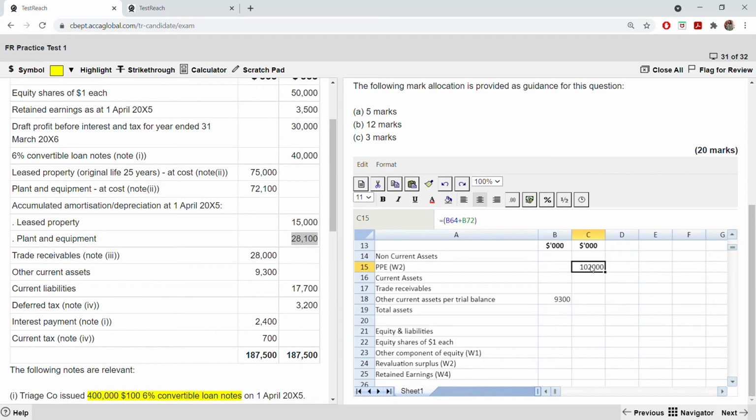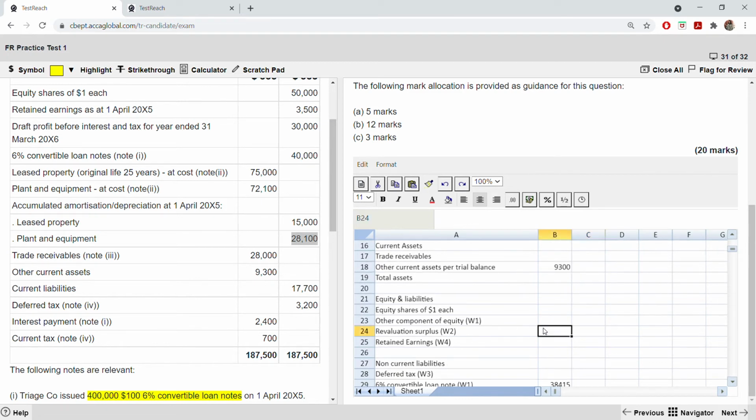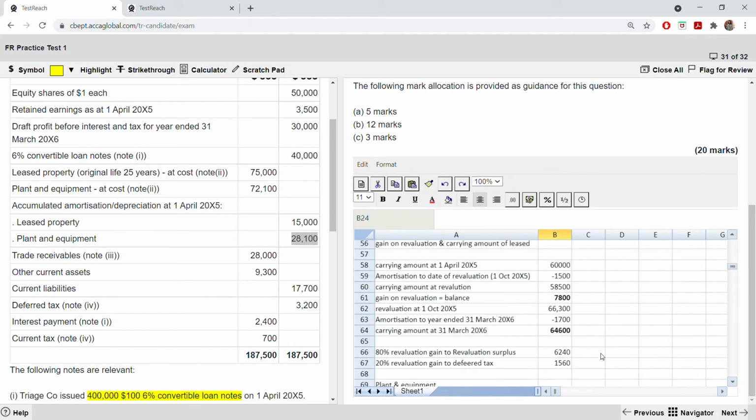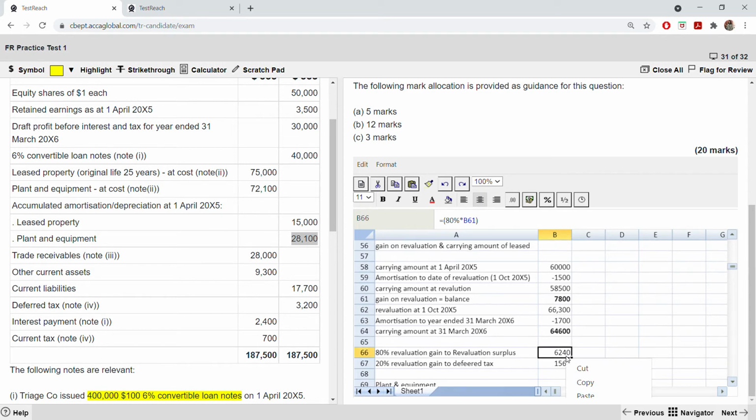When you go down, revaluation surplus. What are you going to do in the revaluation surplus? It is this. We've already taken it. How much of it will go to the revaluation? The 80%. 6,640 will go. So copy.